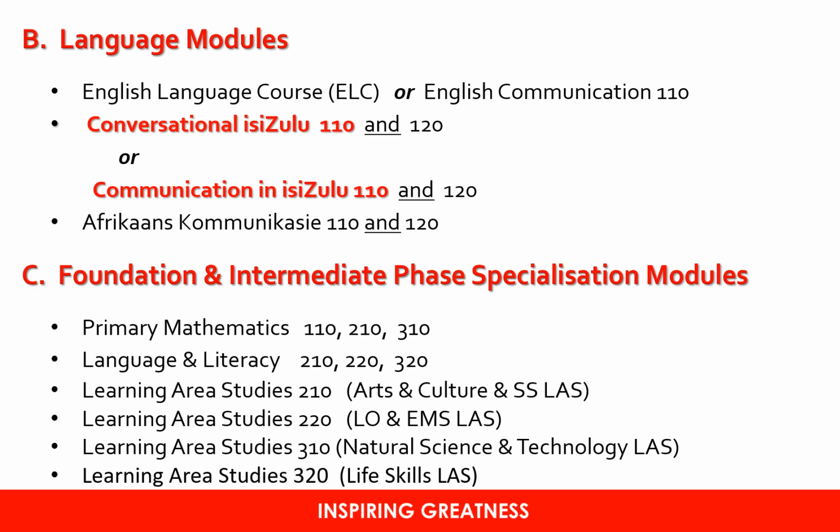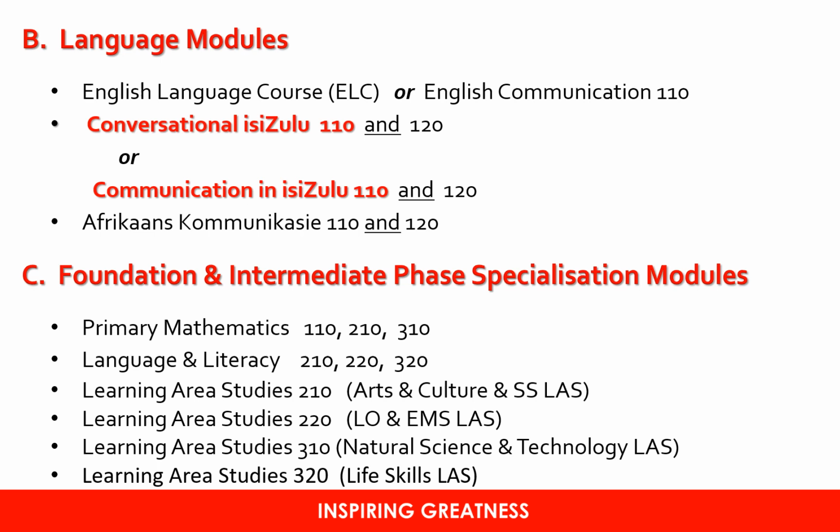But if you registered for the degree after the university's language policy around isiZulu came into effect, then you have to also have the 1 module of isiZulu. The language policy I'm referring to is the policy that every student who is registered at UKZN for an undergraduate degree has to complete 1 module of isiZulu.